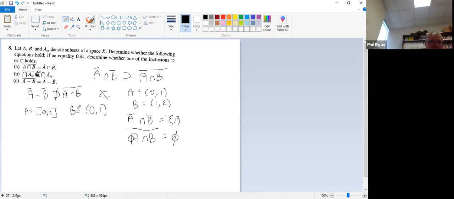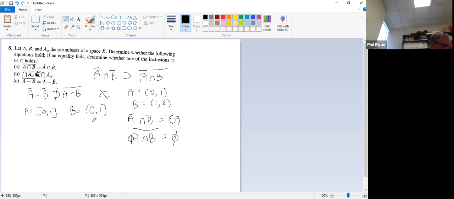Then A minus B is just the endpoints 0 and 1. So the closure of that is the set {0, 1}, but the closure of B is A itself. So A minus A is empty.